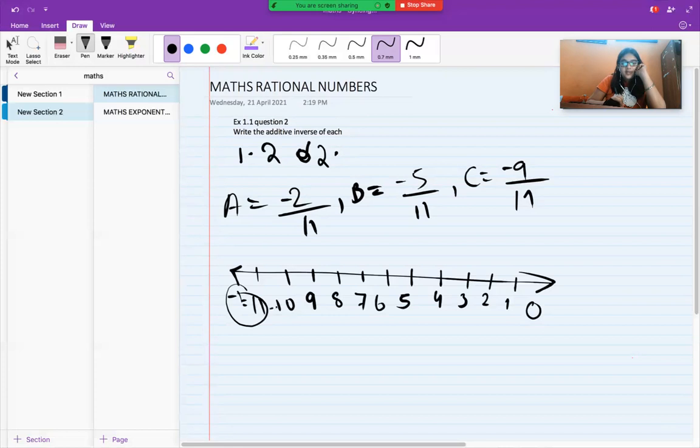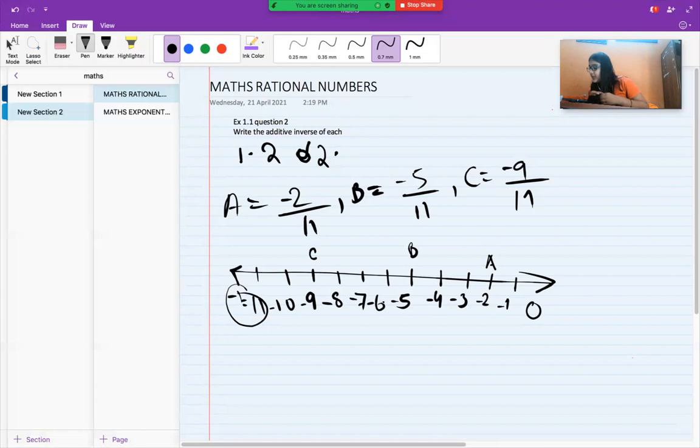Just put the minus for representation. Yeah. So it's asking that minus 2 by 11 is A, then minus 5 by 11 is B, and minus 9 by 11 is C. So we have completed question number 2 also.